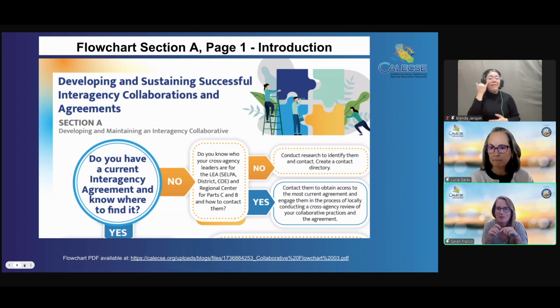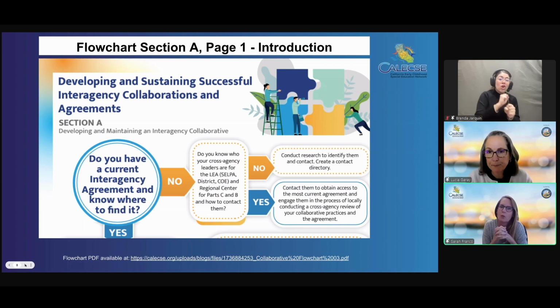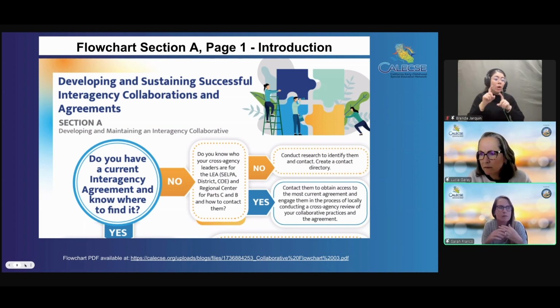And do you know where to find it? We have found throughout many presentations that because there is so much staff turnover at LEAs and regional centers, people may not know what it is, if it exists, or where to find it. So this slide really starts asking those beginning questions of where to get started, how to ask, and how to find it.